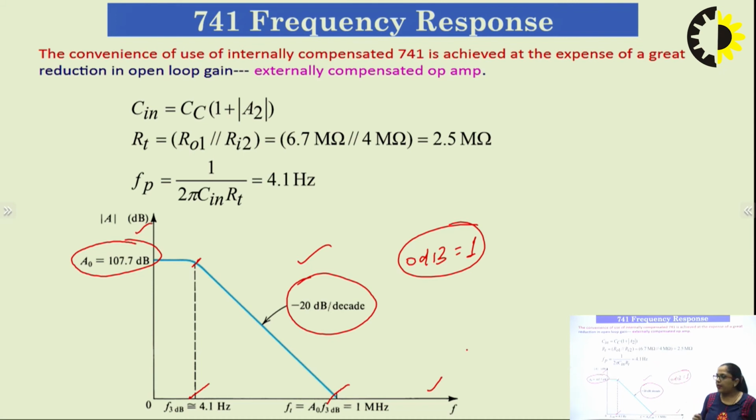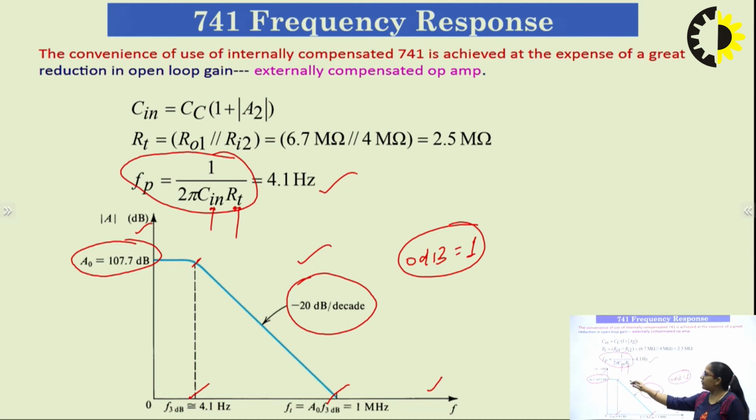We know the formula of frequency is 1 upon 2 pi RC. So when we put in the value of overall input capacitance and the total resistance, we will get this value, 4.1 hertz. This is the very first frequency at which we can observe a decrement in the gain of 3 dB from the maximum value.